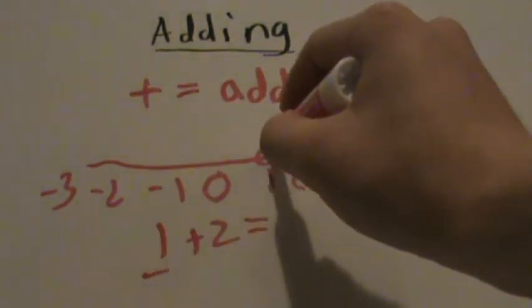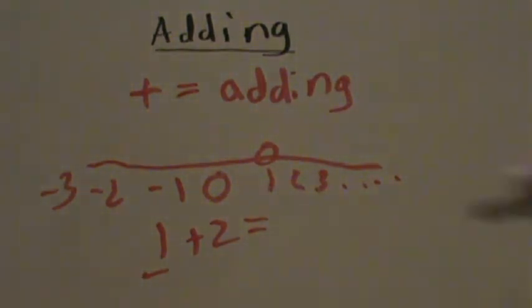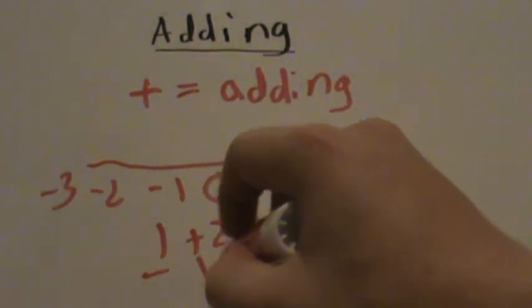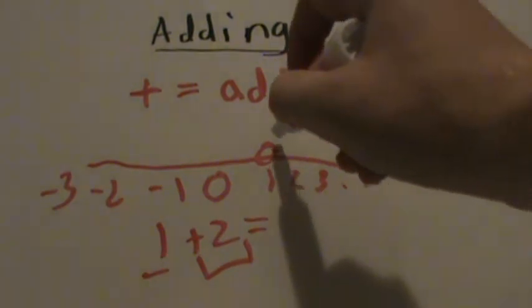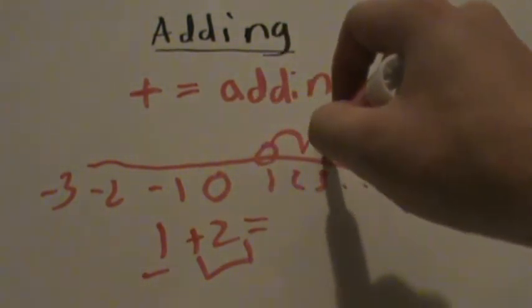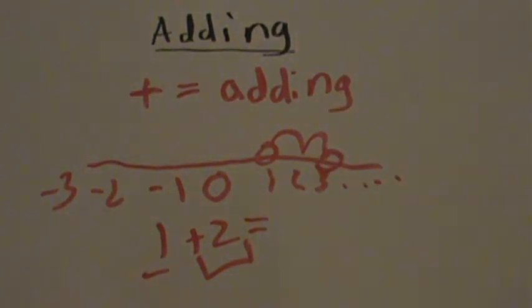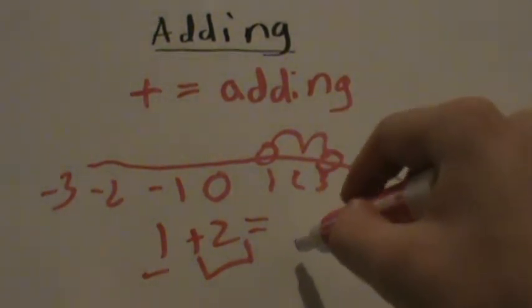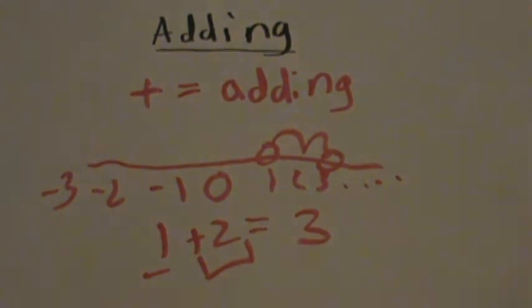We're starting at 1 on the number line, and we're adding 2 to that number, so we're hopping 2 spaces on the number line. Where do we end up? We end up at 3. So 1 plus 2 equals 3.